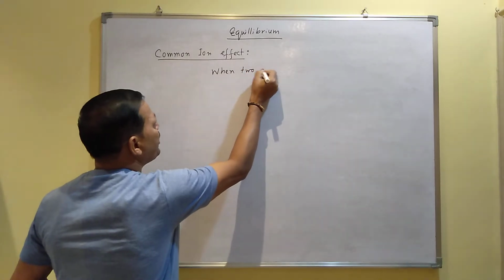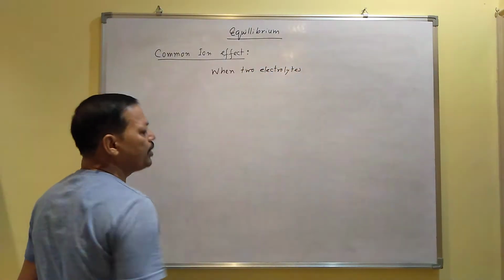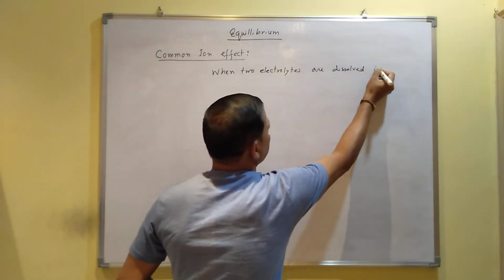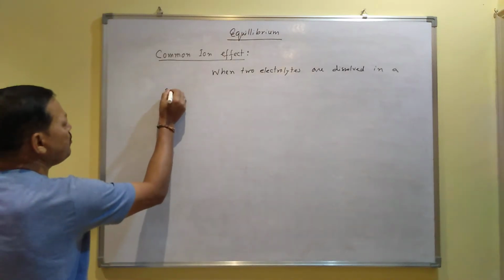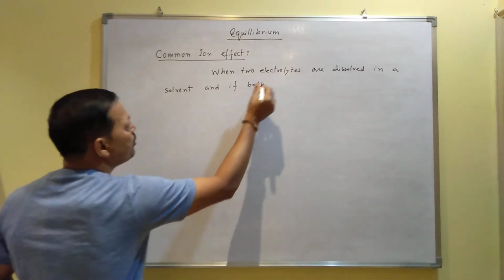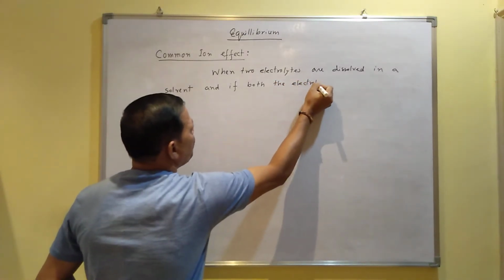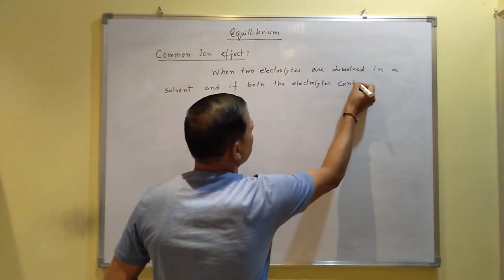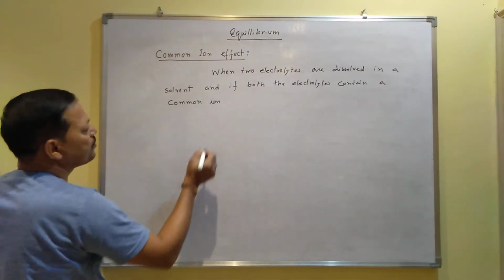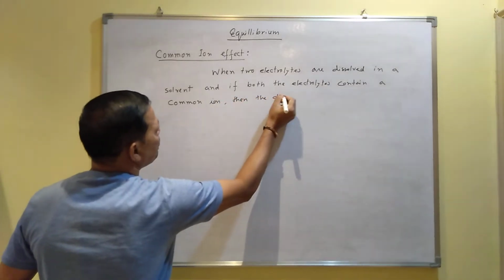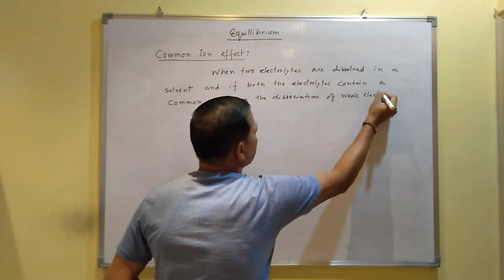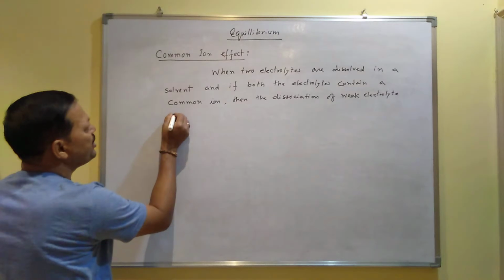When two electrolytes are dissolved in a solvent, and if both the electrolytes contain a common ion, then the dissociation of the weak electrolyte decreases.